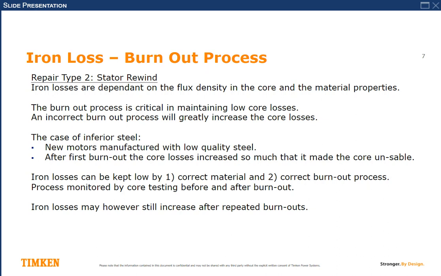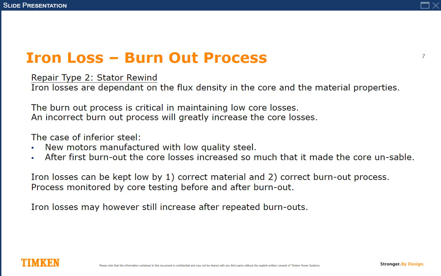Investigating a little bit deeper, we found that the company that manufactured these actually makes them as throwaway motors. Every time you burn it out, you cannot repair the machine anymore. You cannot rewind it because the core losses increase so much. We don't see this often, but be aware it does happen occasionally. And at that stage, the only option left is to replace the core.